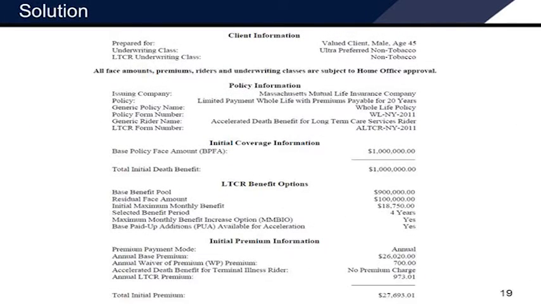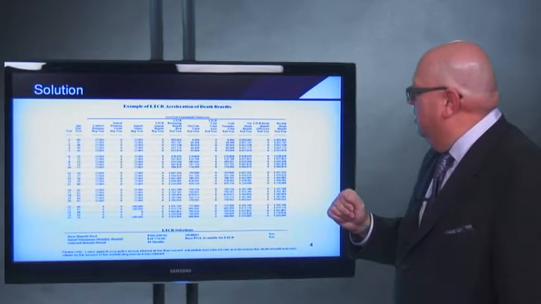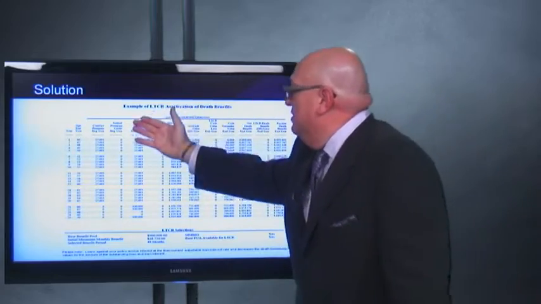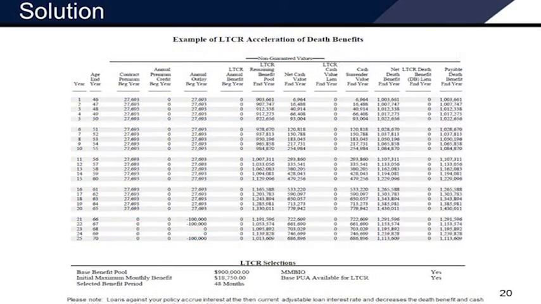Here's a product for this 45-year-old who's climbing the mountain looking to retirement. It's a $1 million life insurance policy, and it has that long-term care rider for $900,000. The premium on this product is $27,000 a year, and as you pay money into the product, you start to build up cash value.